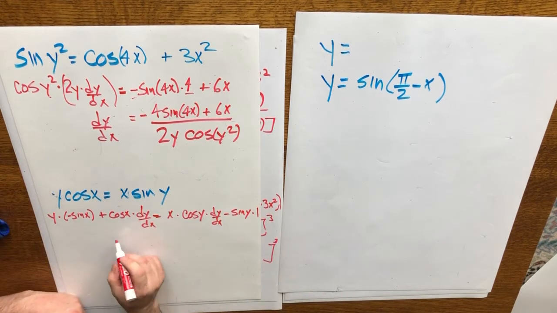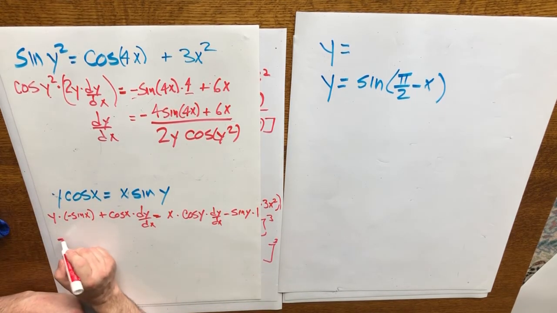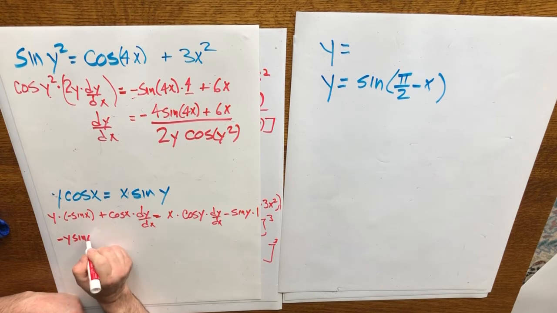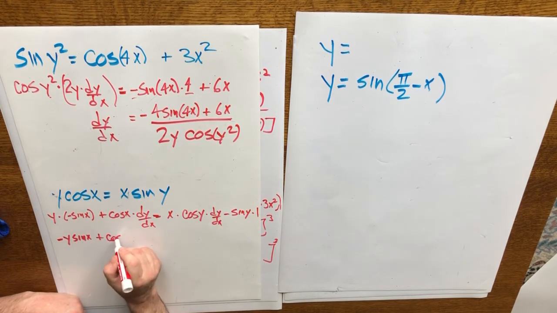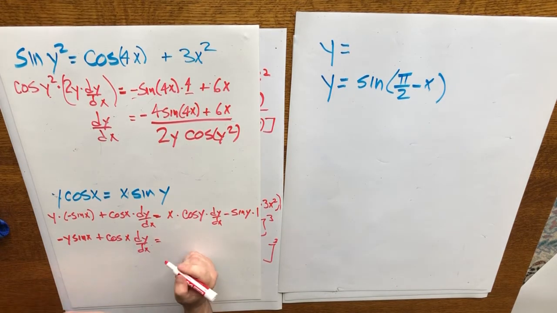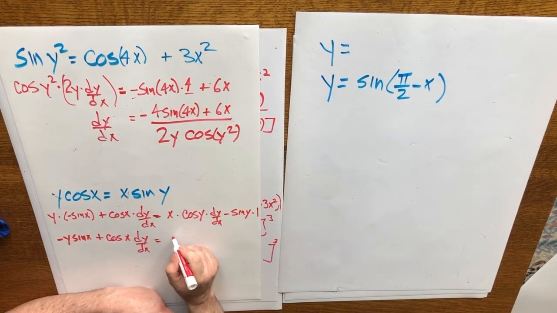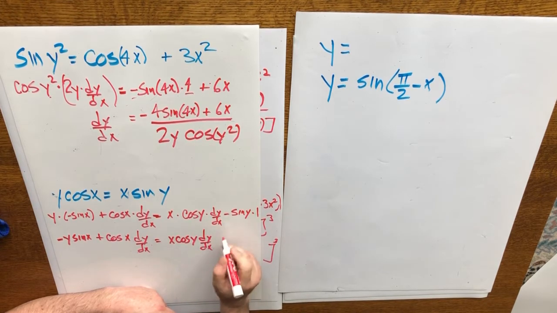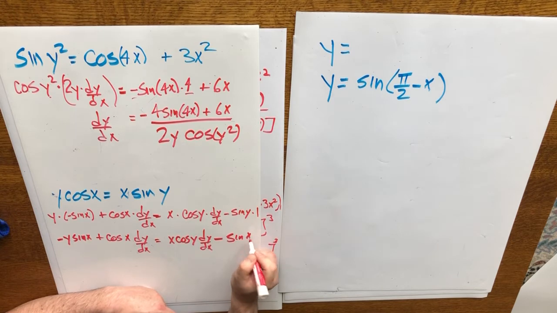So let's see if we can simplify that a little bit. We've got negative y sine x plus cos x dy over dx equals x cos y dy over dx minus sine x.